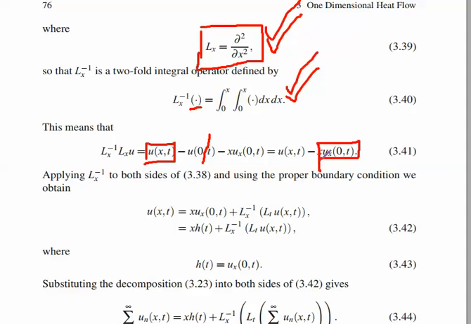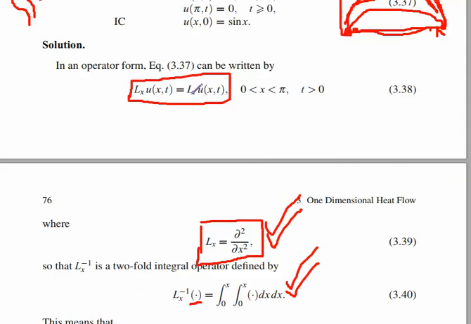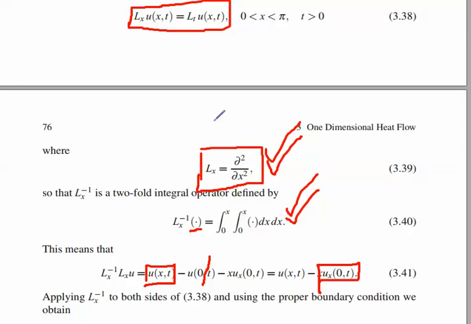After that, we apply the linear operator again on the above equation. Once you apply it, you have u of x, t equal to the zeroth order solution plus L_x^-1 into L_t of u of x, t.